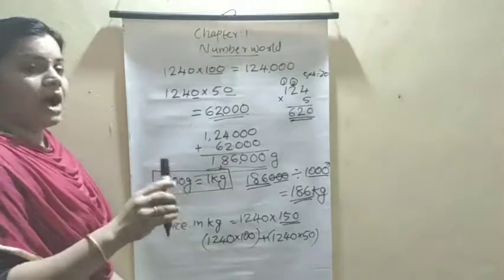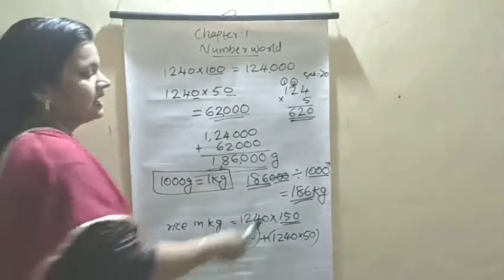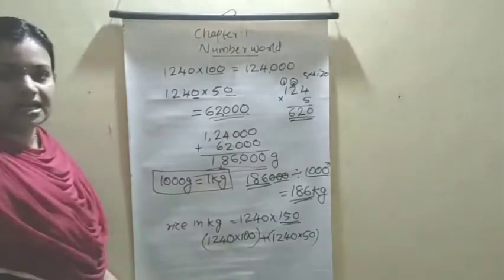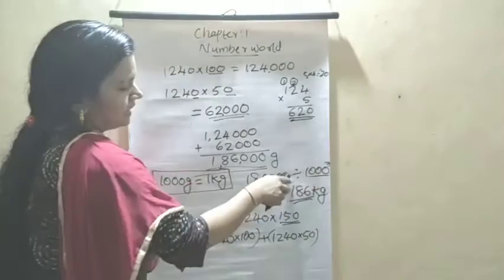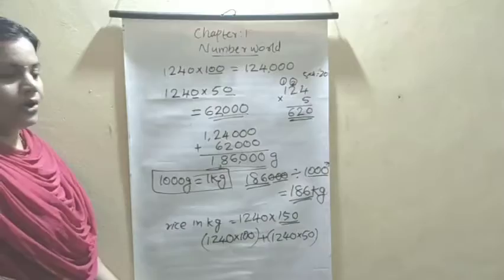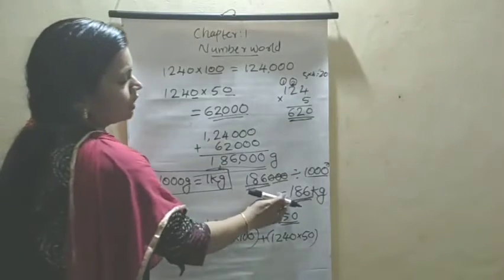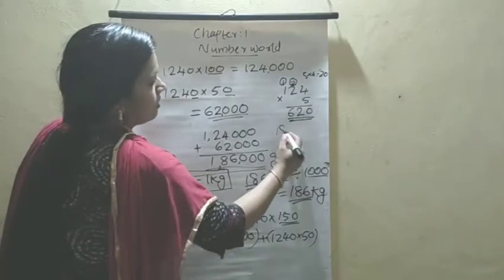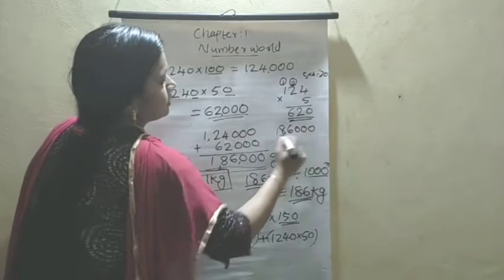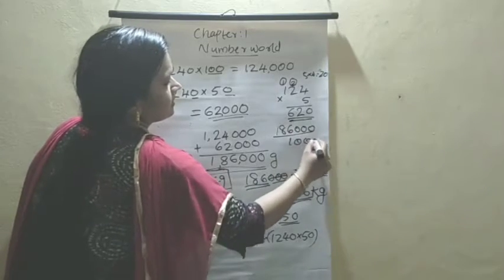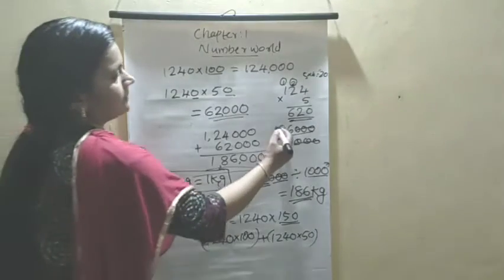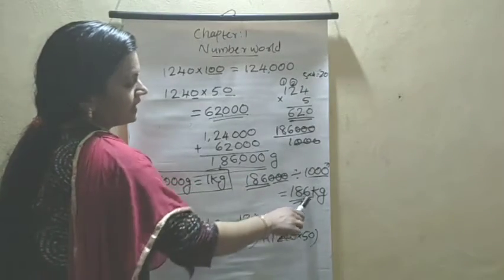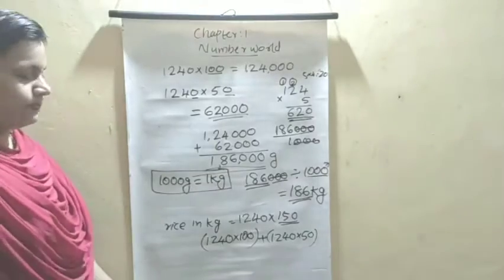How to convert grams into kilograms? Divide by 1000. 1000 has three zeros, so we can cut these three zeros. Then we got 186 kilograms.